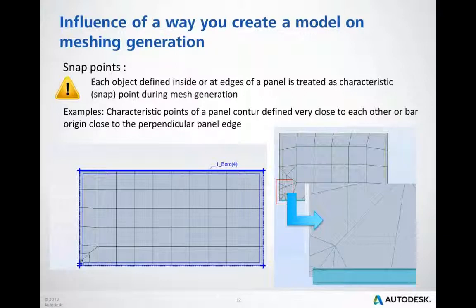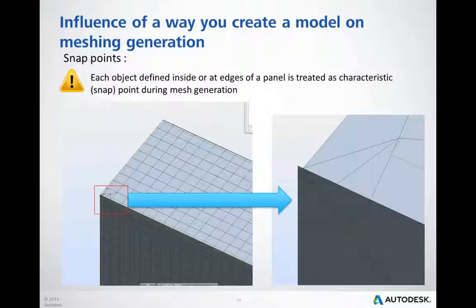It is like minding where you click or to what objects you snap, because each click when you define the contour, or each element that you define, each node influences the mesh generation, and these are the results that you may have. And of course, in the situation when you have panels that have corners defined in different locations, you again are going to run into meshing problems. But this is the introduction, as I said, that's going to be covered during our next webinar.